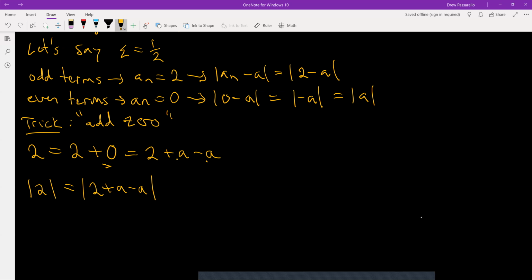And we can rearrange this so that we have the absolute value of (2 minus a) plus a. Now, by the triangle inequality, this is less than or equal to the absolute value of 2 minus a plus the absolute value of a.